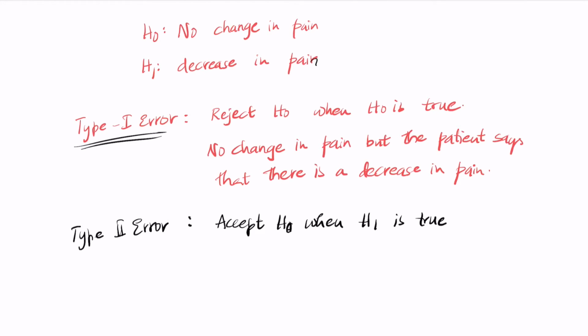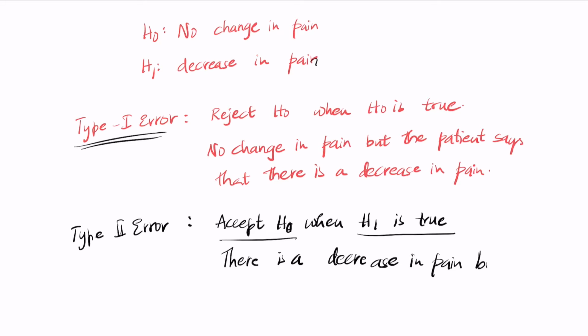So what we are doing here, H1 is true, which means that there is a decrease in pain, but the patient reports no change in pain.